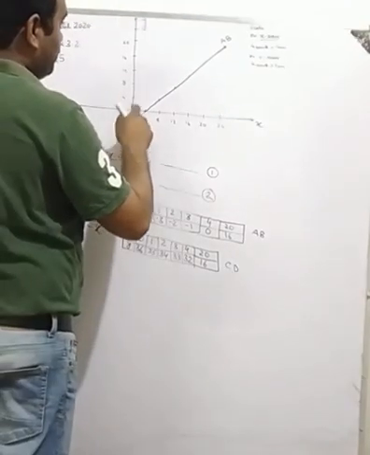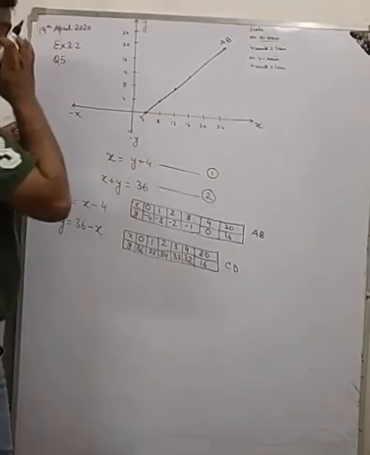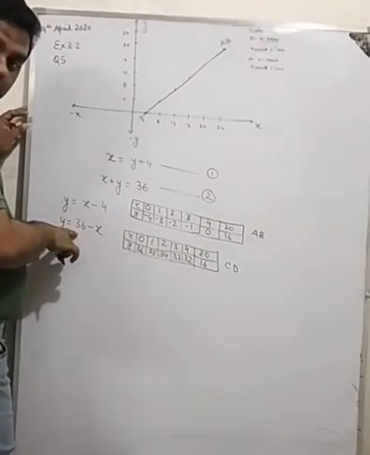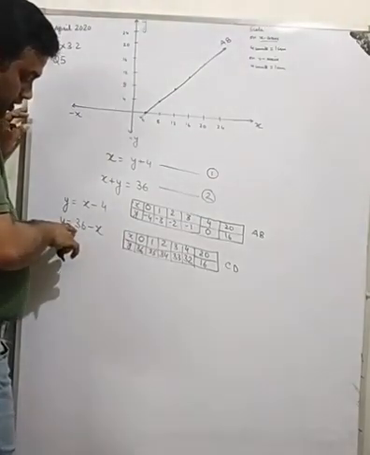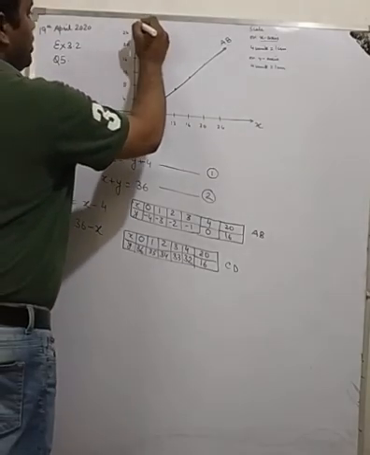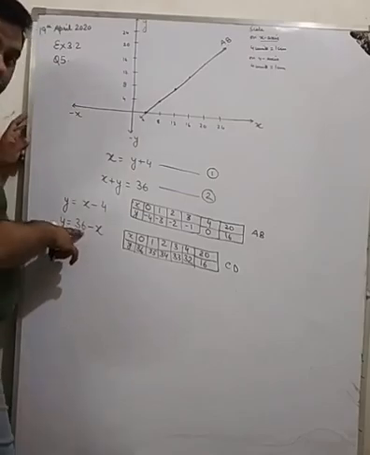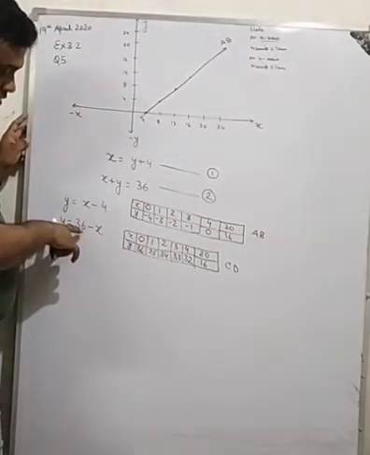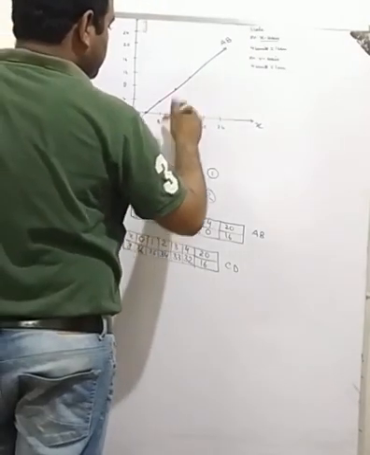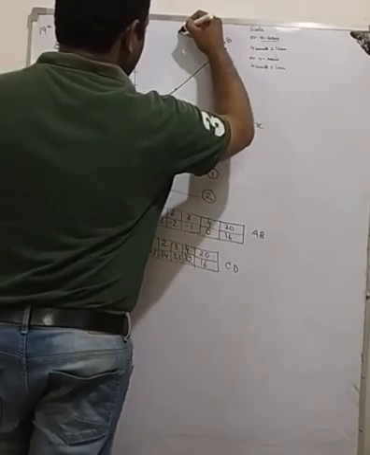At x is equal to 4, the value is coming 32. And at x is equal to 8, this will come 28. At x is equal to 12, this will come 24.